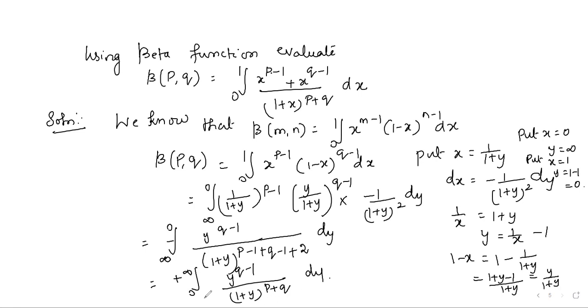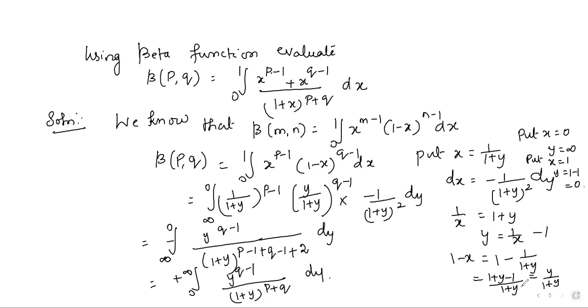So now my limit is 0 to infinity y power q minus 1 divided by (1 plus y) power p plus q. Because I have to evaluate the beta function using the integral 0 to 1, 1 lies between 0 to infinity.